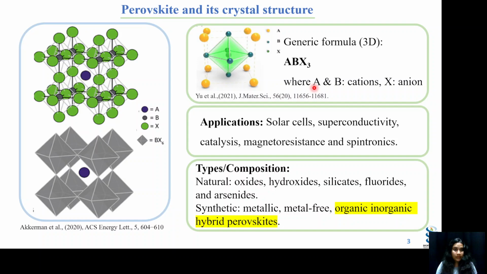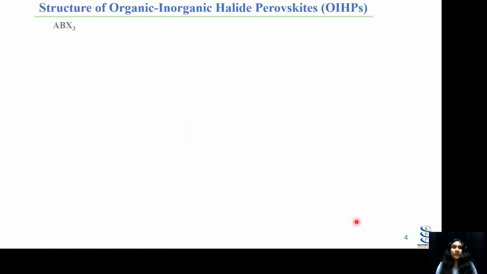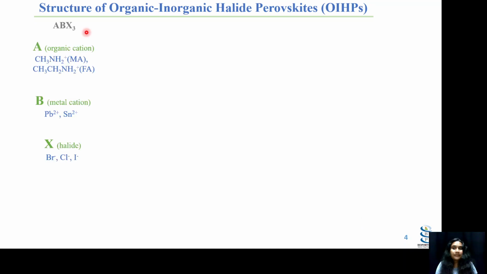So more about the structure of OIHPs. We have the generic formula ABX3, where A is an organic cation like methylammonium or formamidinium, B is a metal cation like lead or tin, and X is a halogen ion like bromide, chloride, or iodide. Some typical examples would be MAPbBr3, FASnI3, FAPbI3, and so on.